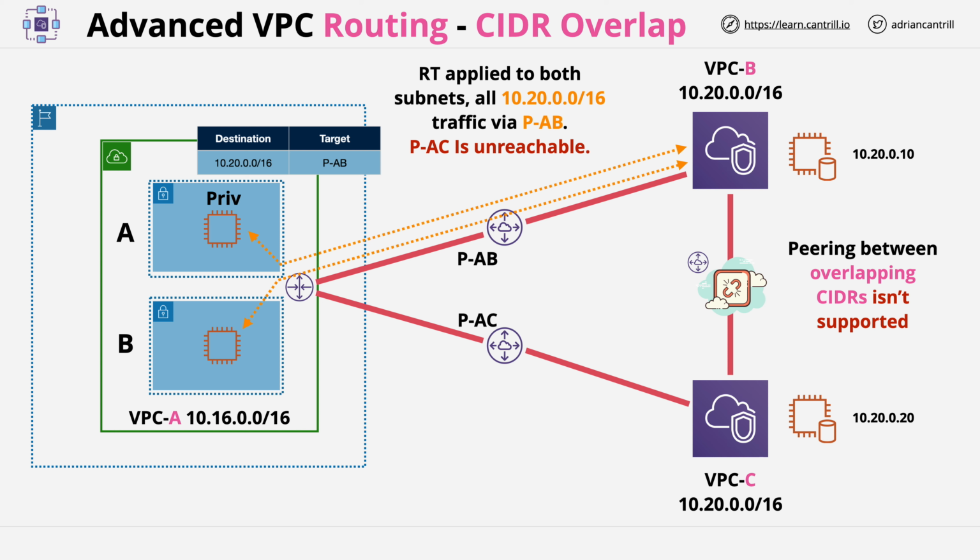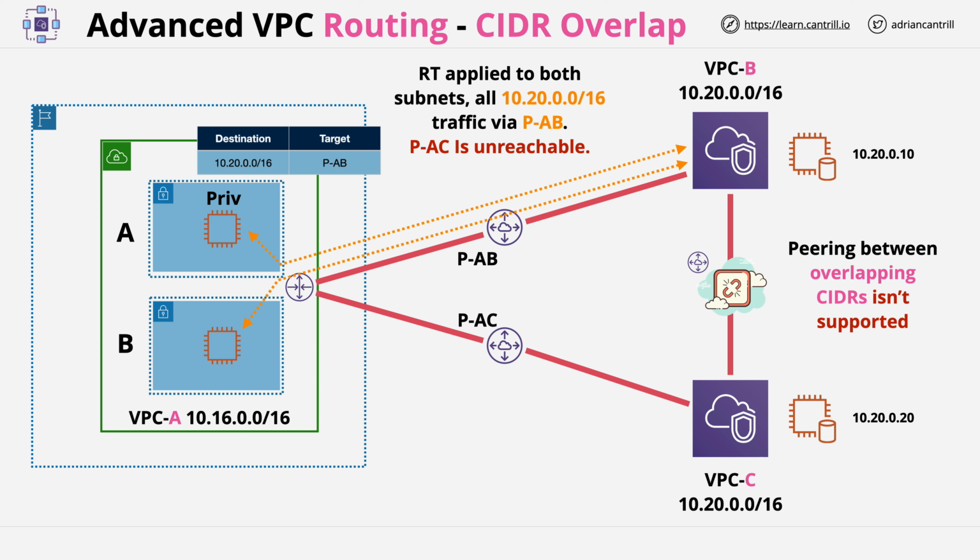So the peering connection between VPC A and C is not used, and this means that VPC C is unreachable because it uses the same IP address range as VPC B and there's no route to it.